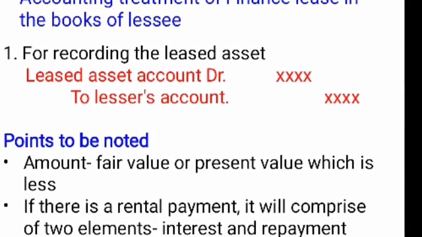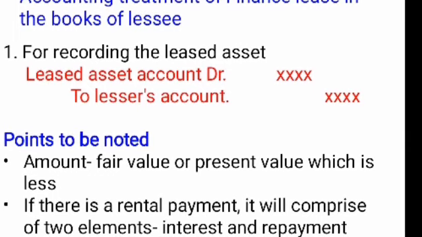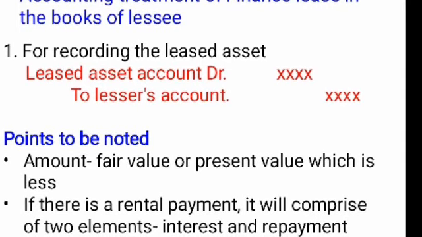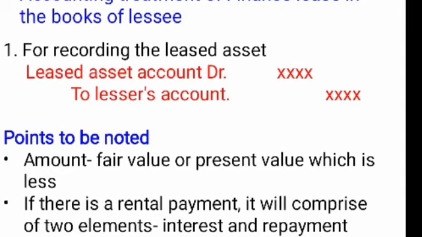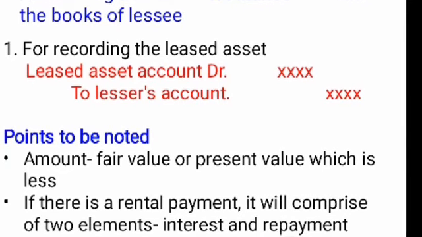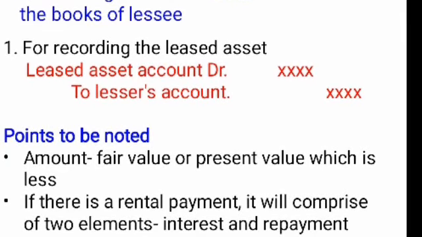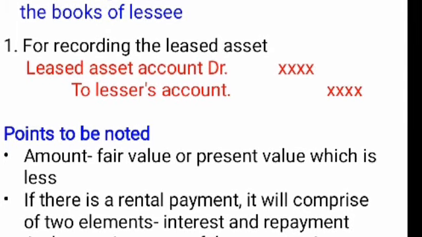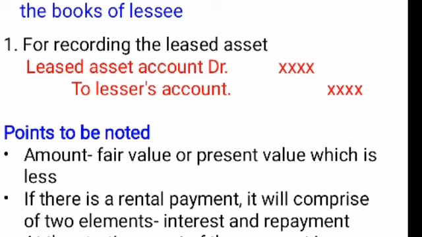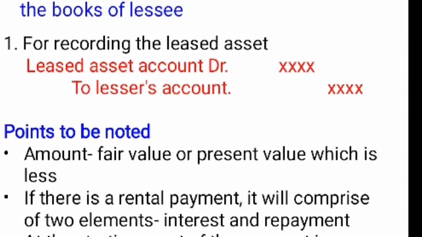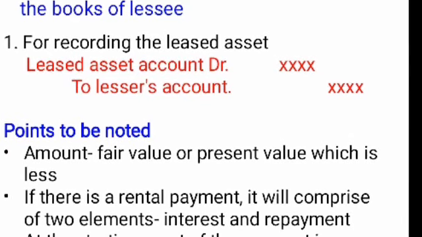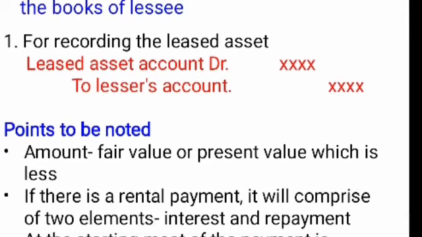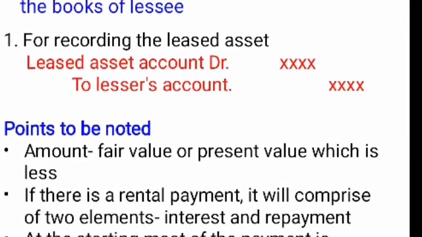Here the entry is leased asset account debit to lessor's account. We know that while purchasing an asset, the entry was asset account debit to the vendor. Here we are purchasing the asset on lease, so leased asset account debit to lessor's account. Lessor means the vendor.